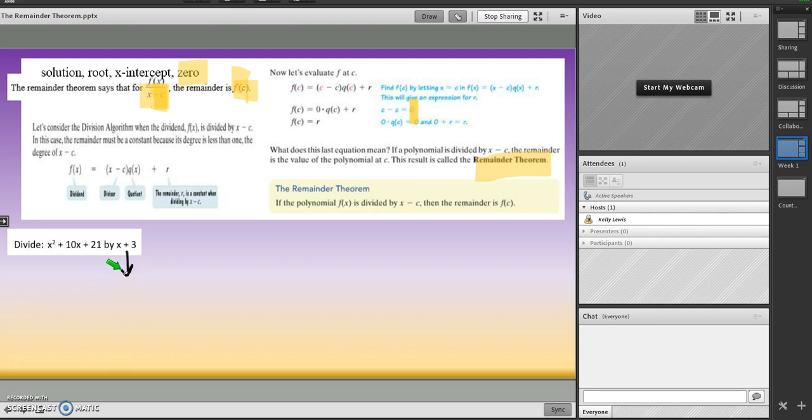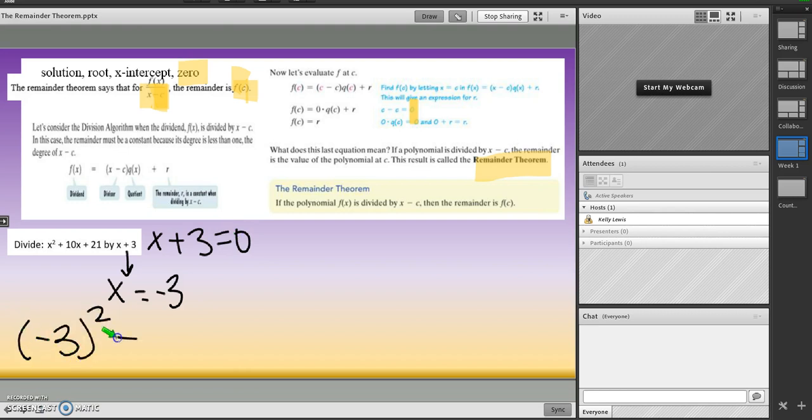So let's solve for the opposite. We would get x equals -3, because I would do x plus 3 equals 0, and subtract 3 on both sides. Now I'm going to take (-3) squared plus 10 times -3 plus 21.